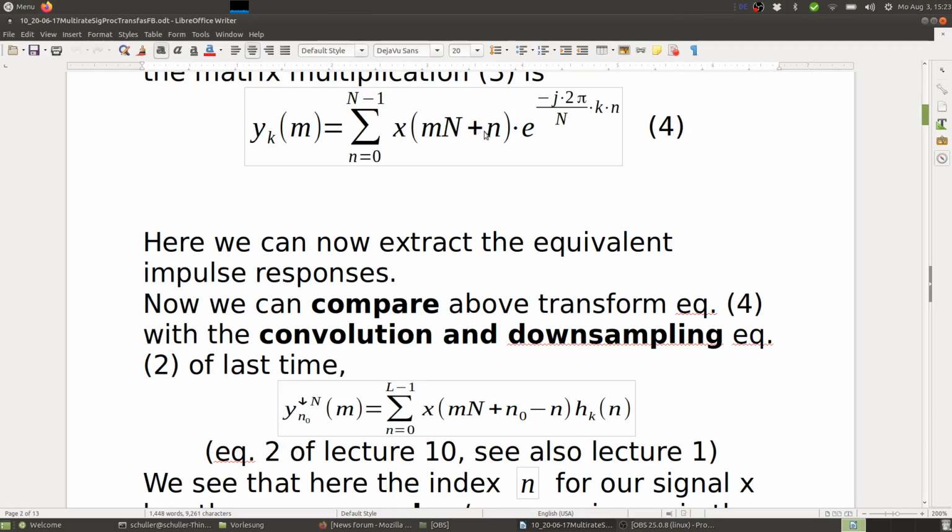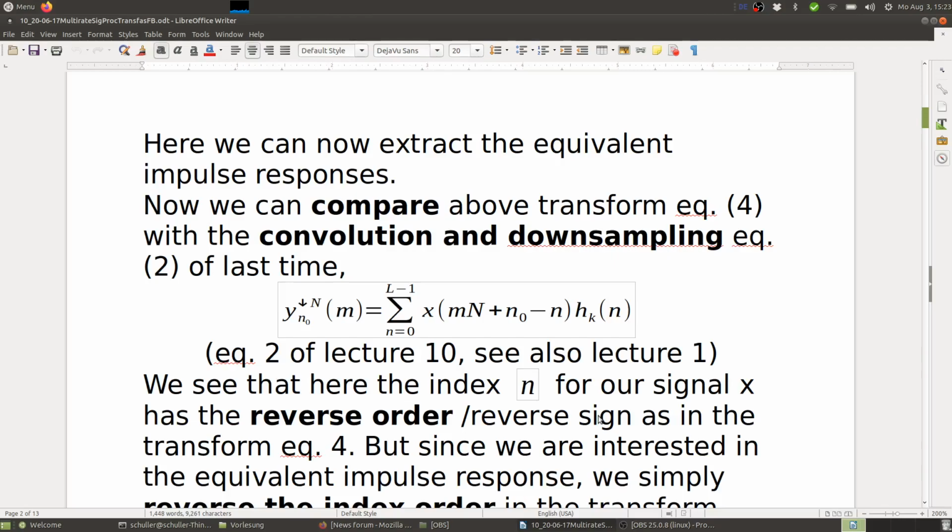So that means we have a time reversal relative to the coefficients from the filter impulse response. So basically this shows us that this kernel corresponds to the time reversed impulse response.